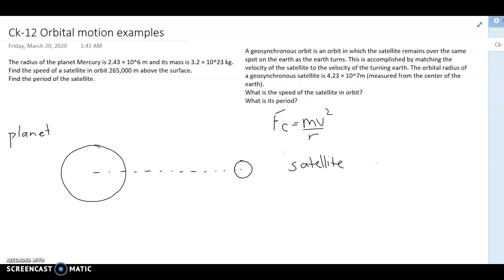This is about the satellite. The satellite is rotating around the center of the Earth just like an object on a string or a bucket on a string. So we have a centripetal force, and we have a mass, which is our satellite. And we have a satellite that is moving at a velocity. It has an acceleration toward the center.